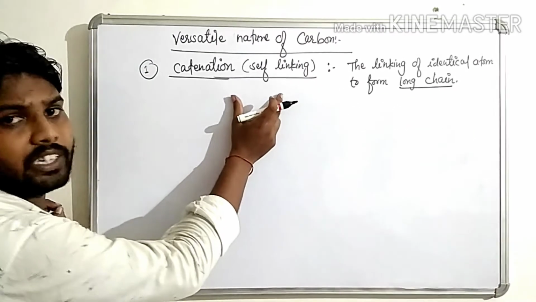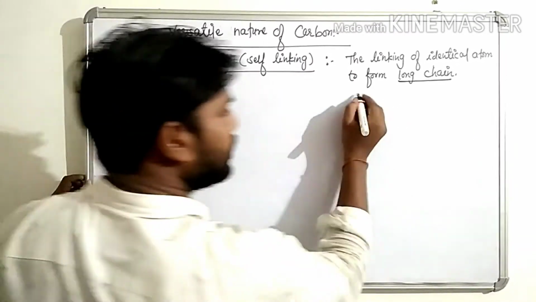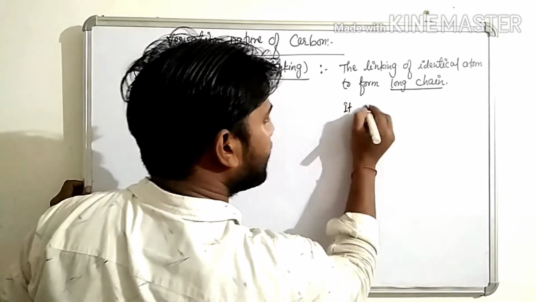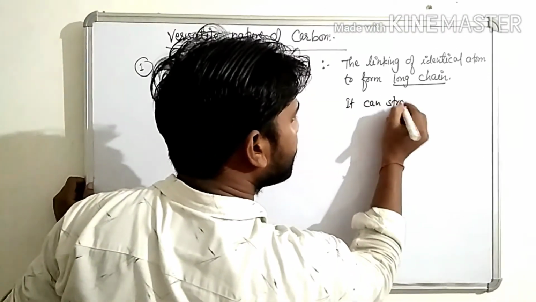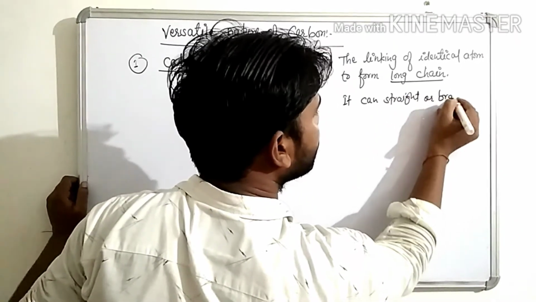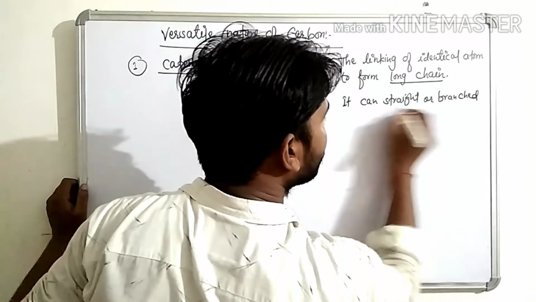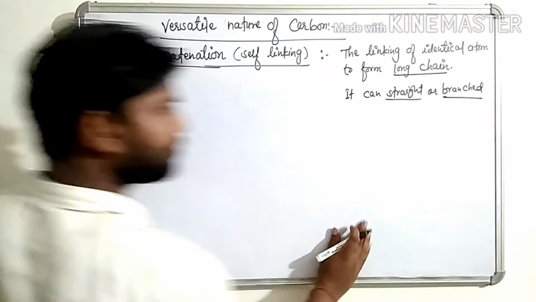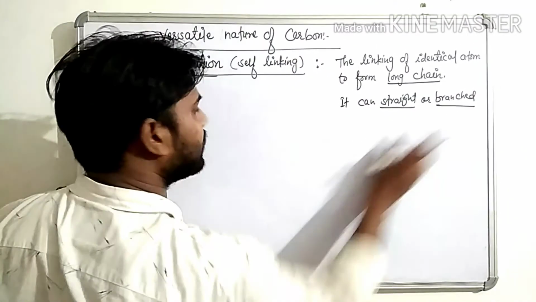It can be straight or branched. Now we will understand what is branched and straight chain.